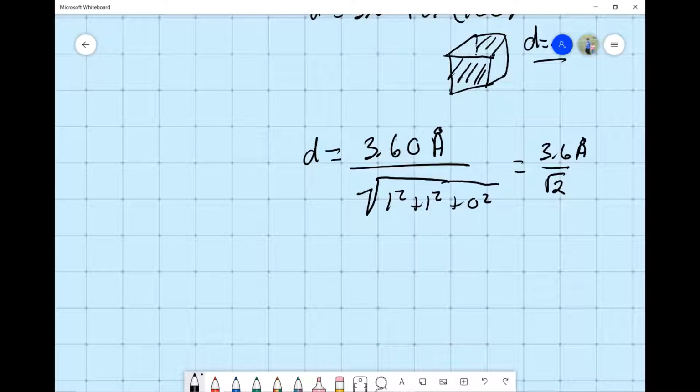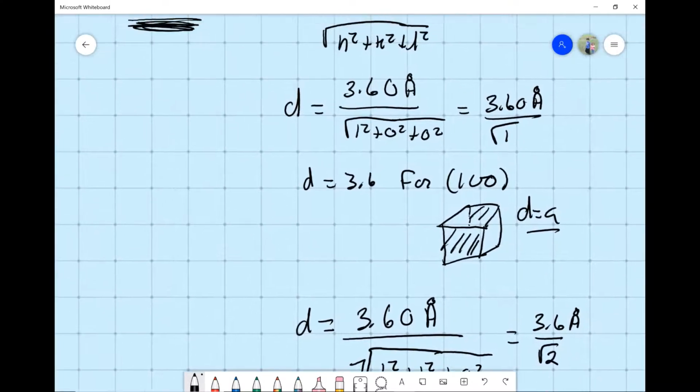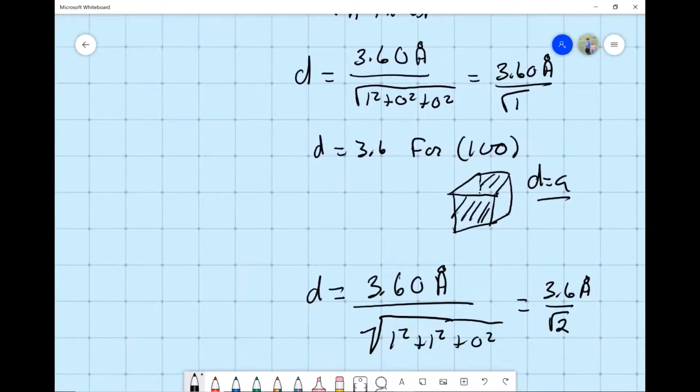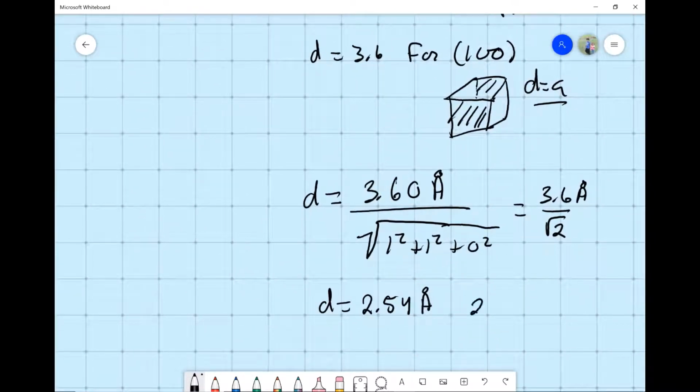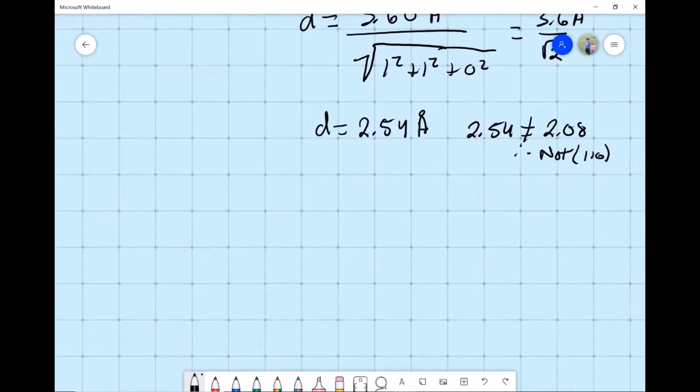And that's 2.54. Well, D of 2.54 is not 2.08, okay? So we know it's not 110. So we only have one choice left if we're believing it's a first order reflection.